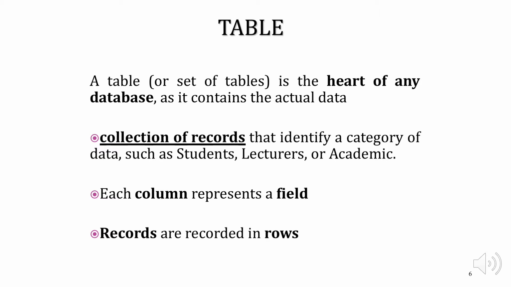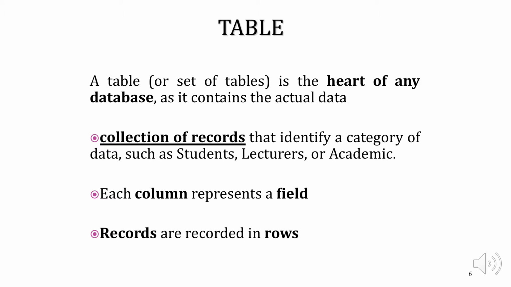When you create a table, you can see that we can create more than one. For example, you create a table of students. In the table of students, let's say there are 40 students. So there are 40 records in that table, and they will be in rows. If there are 40 records, there are actually 40 rows in that table.